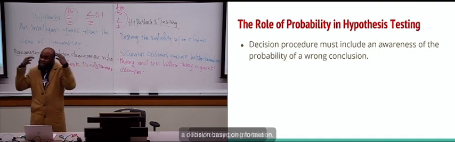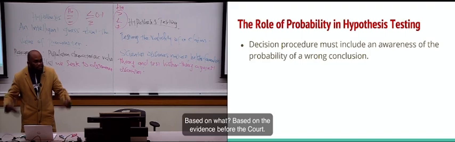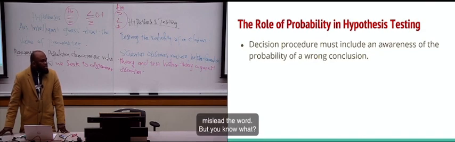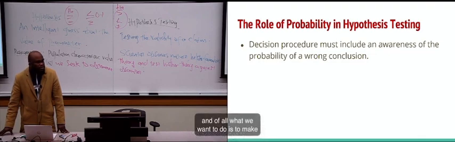They only take a decision based on the evidence before the court. The same thing in research. There's a possibility we could mislead the world. But we acknowledge that fact, and all we want to do is make sure we minimize that event.